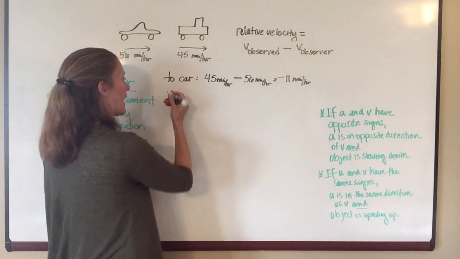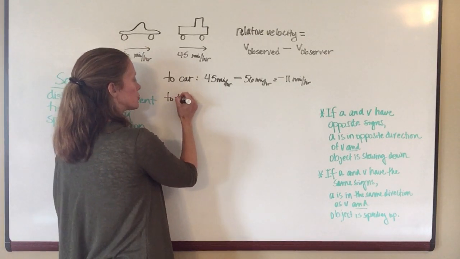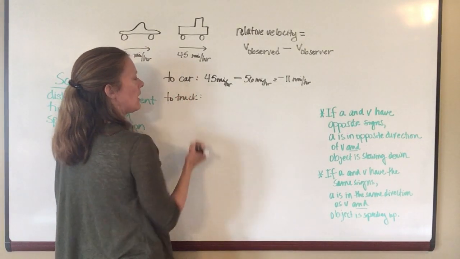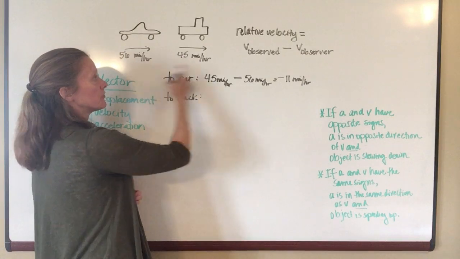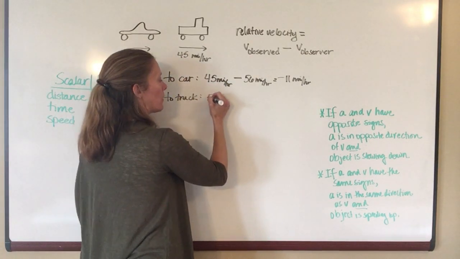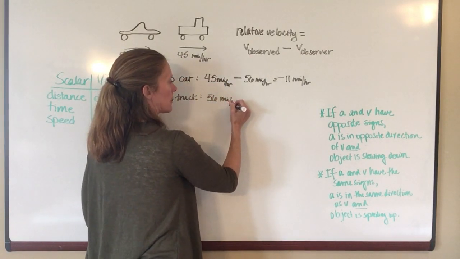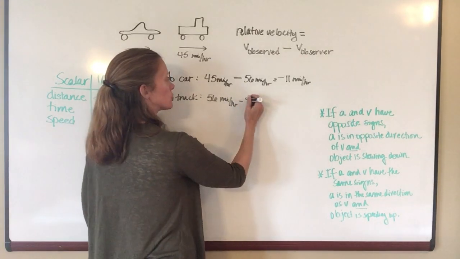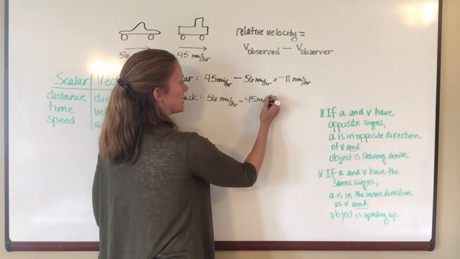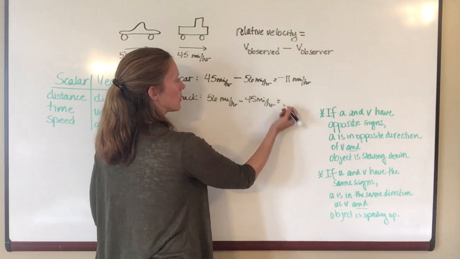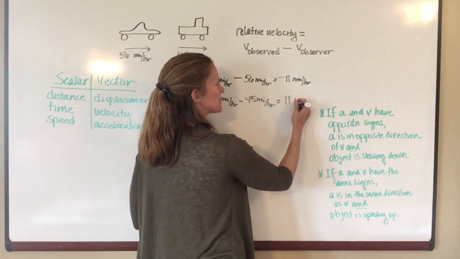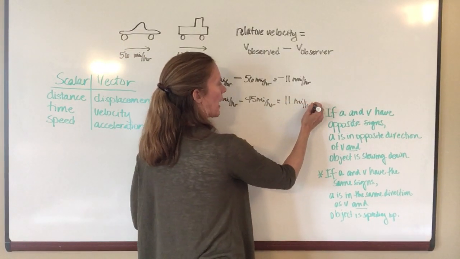Now, if I look at the driver of the truck, what he is observing is the car, so that one goes first, 56 miles per hour, and he's going to subtract his own speed, which is 45 miles per hour, and that's going to give me a positive 11 miles per hour.